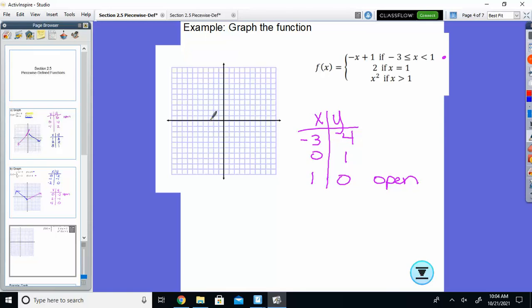So we have -3, 4, that was closed, 0, 1, and 1, 0 is open. Since that one had a starting and a stopping point, then we only draw that little segment, and it doesn't keep going either direction.